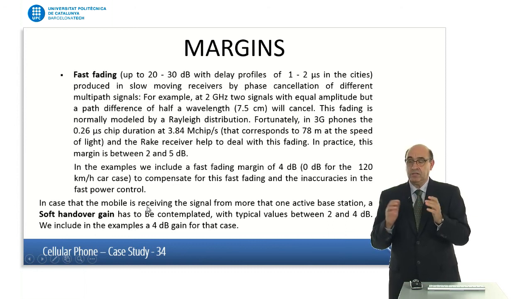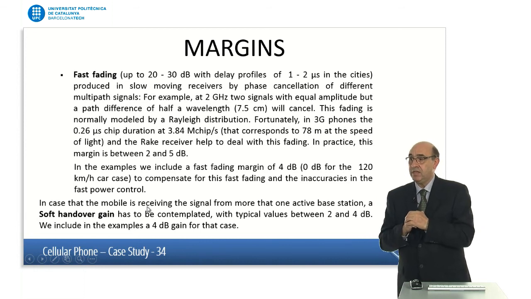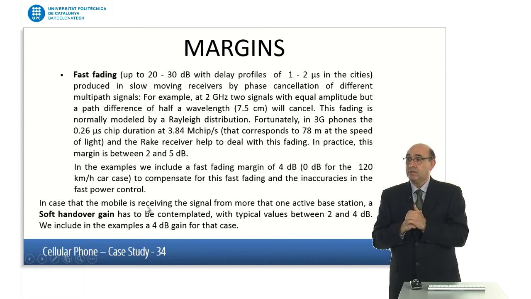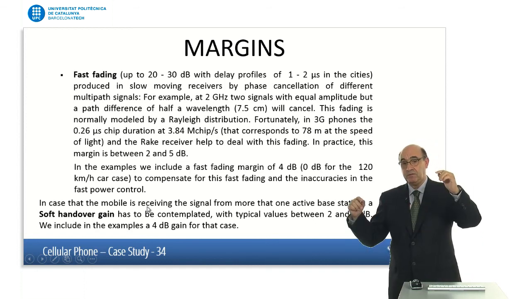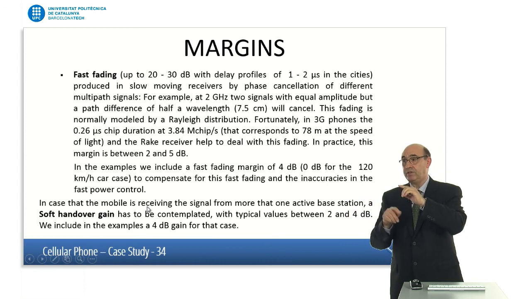For instance, just to see something which is clear, at 2 GHz, half a wavelength is 7.5 centimeters. That means that if you have 2 paths that only differ in 7.5 centimeters and the amplitudes are equal, then when you add them, they will cancel.